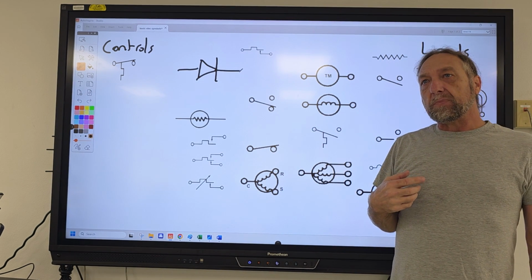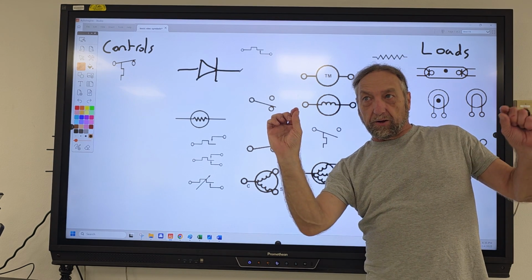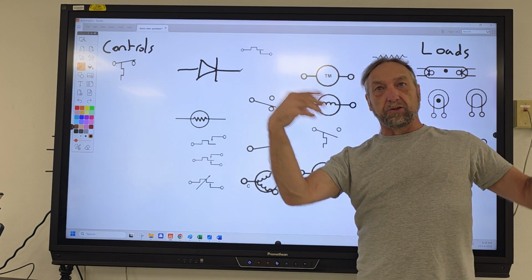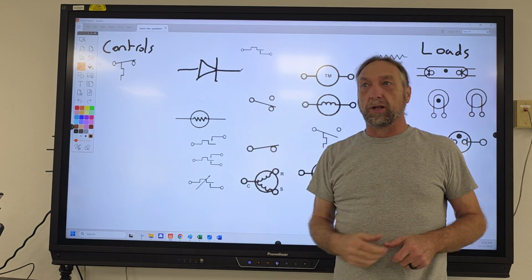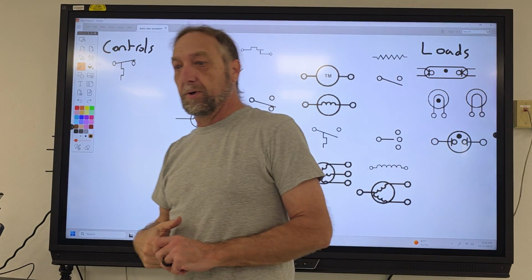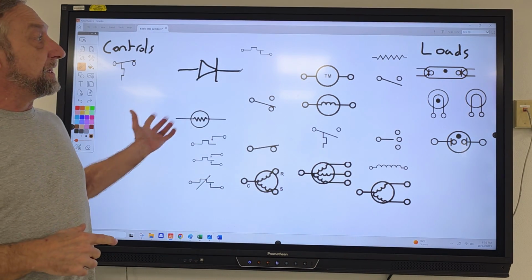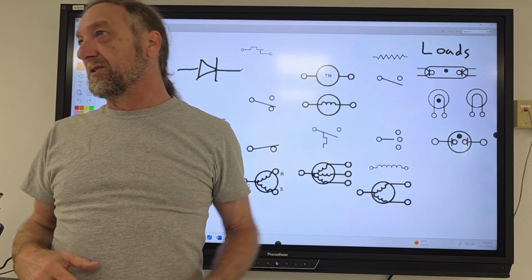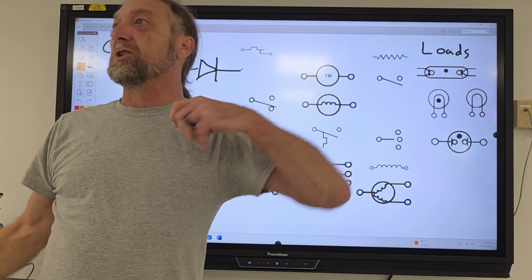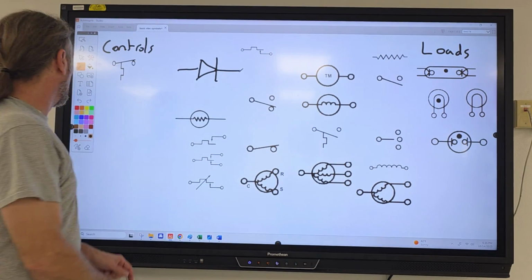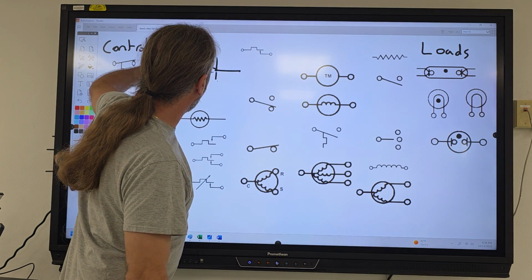They use them in some appliances now, like when you turn on a stove and you got this little orange light that tells you the surface is hot or the burner's on. They're usually LEDs, okay? So that is a load too. I just didn't add it because I didn't have it in the list of symbols. I went in the book and I had to grab every one of these images and put them in this presentation.